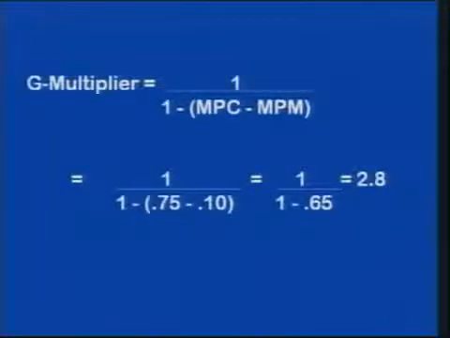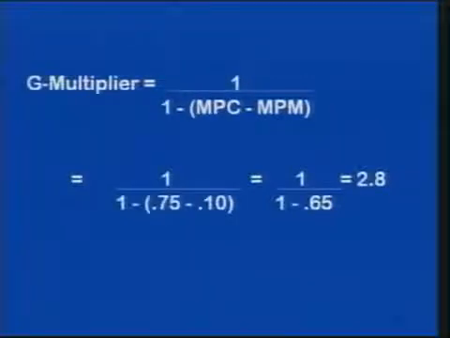Notice that when an economy is relatively closed and doesn't have lots of trade, and hence marginal propensity to import is relatively small, the decrease in the multiplier is relatively small. And as we get more and more enmeshed in trade, fiscal policy becomes less and less effective because of this effect.